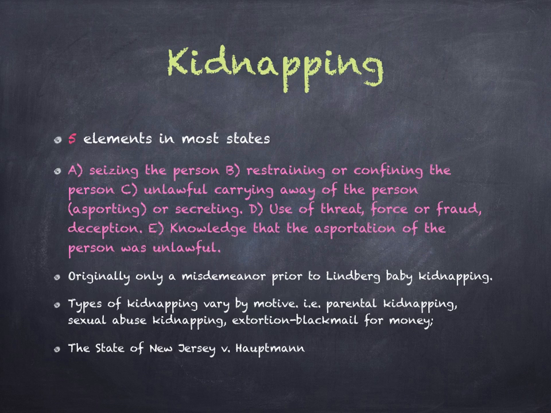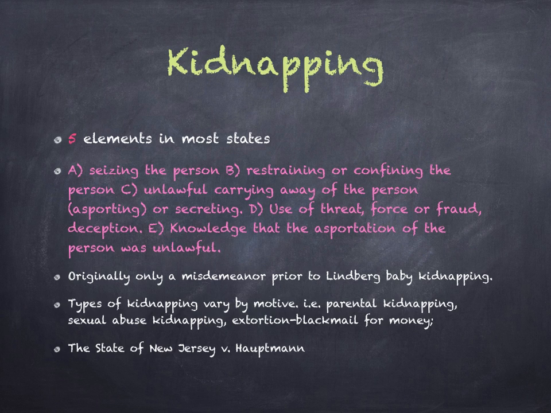Originally, it was only a misdemeanor prior to the Lindbergh baby case. This is where a guy who was found guilty, Mr. Hauptmann, climbed up a ladder in the home, left a note for a $50,000 ransom, and took the baby, but the ladder broke and he fell down the ladder.